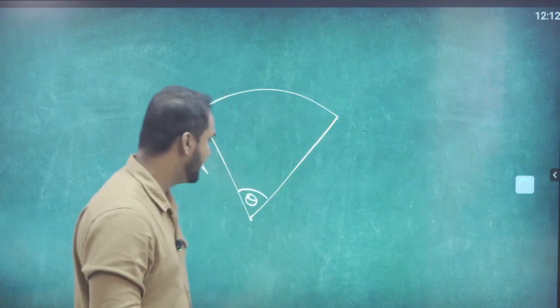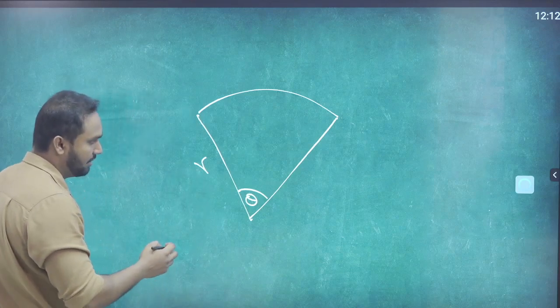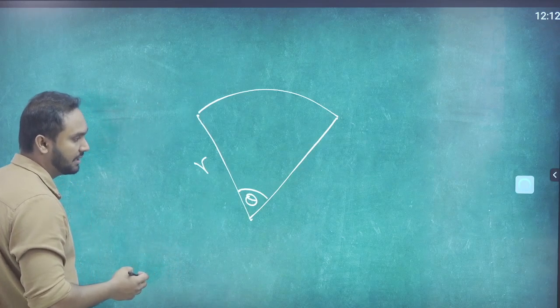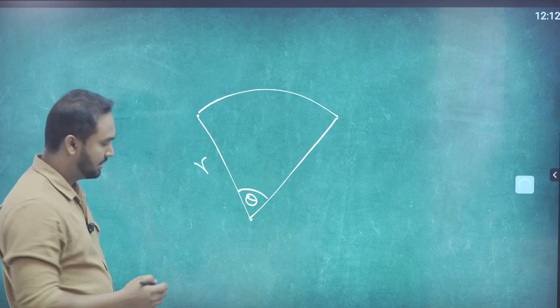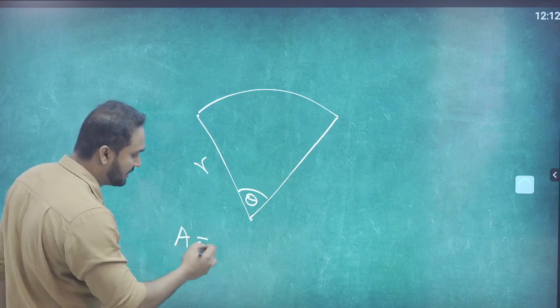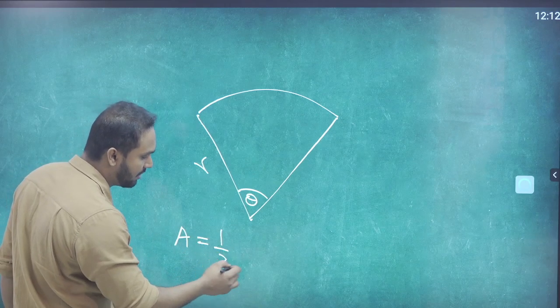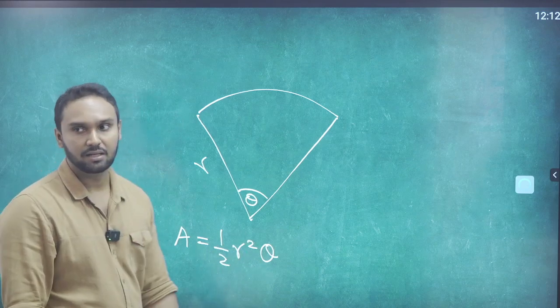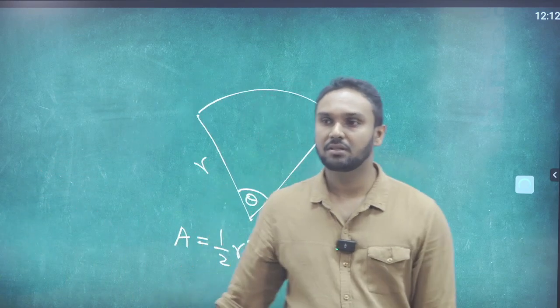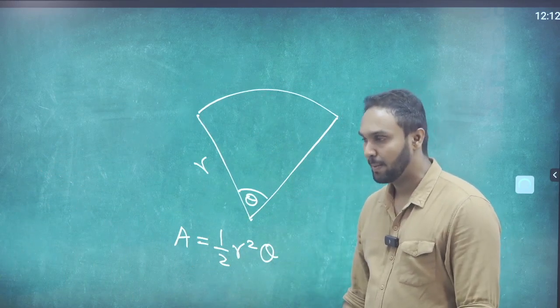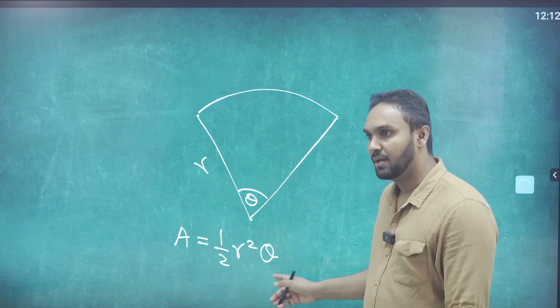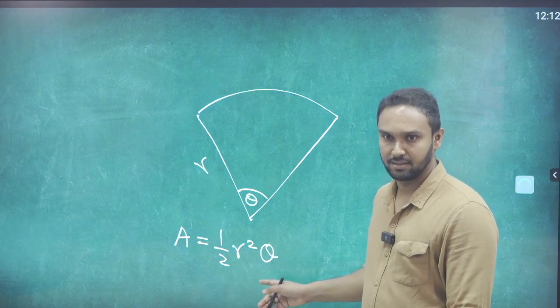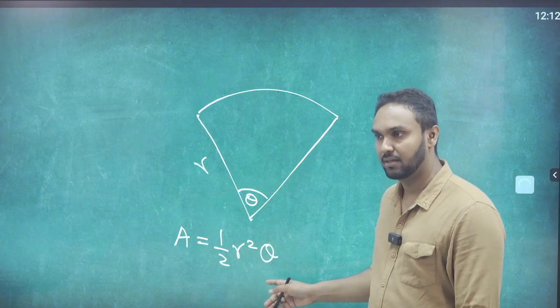But remember this new equation: A equals half r square theta, and the theta should be in radians. Instead of using theta over 360 pi r square, use this one and apply the theta in radians. Get it?